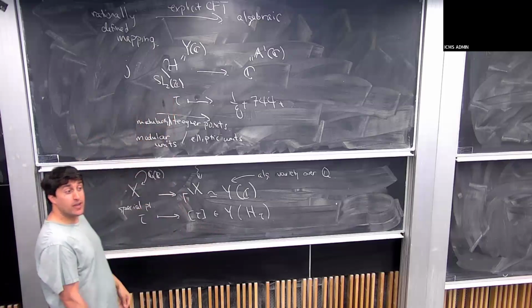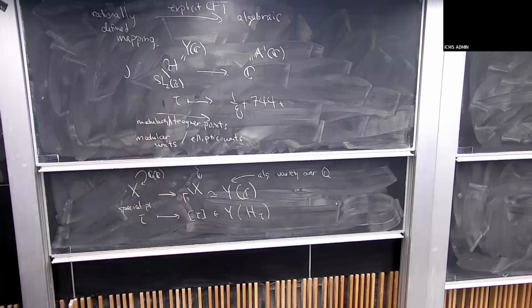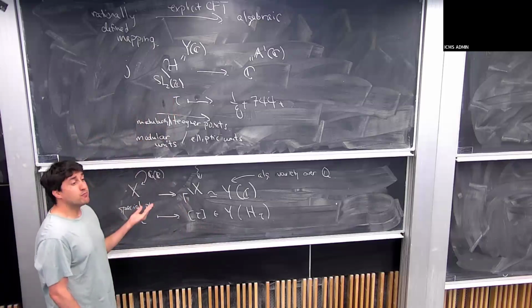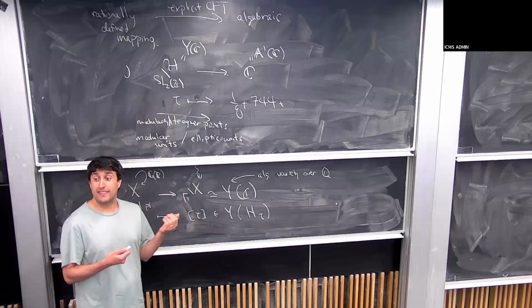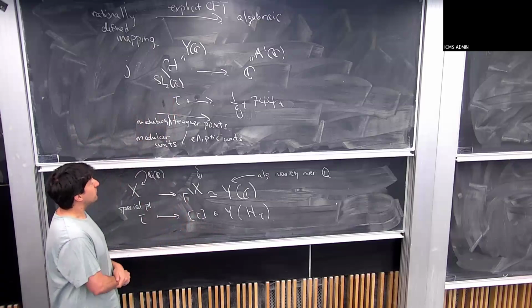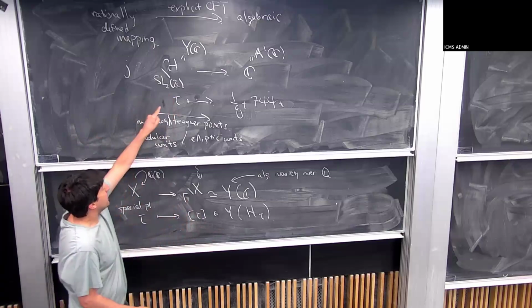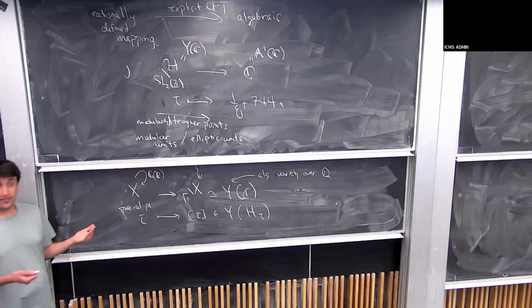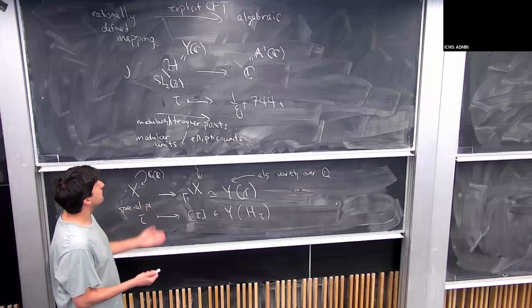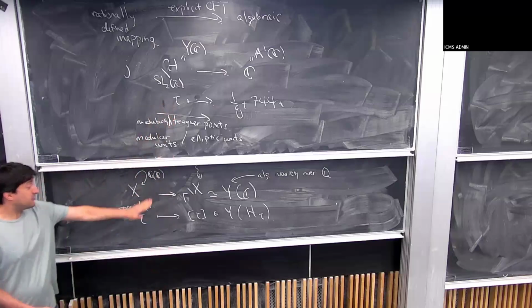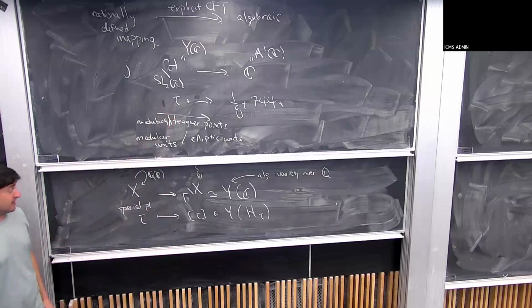So a CM point, you can characterize it as a point which is fixed by the real points of a maximal torus T in the group SL2 over Q, which is rationally defined. Okay, so if you have a point that has imaginary quadratic coordinates, there's a certain torus inside the group SL2 over Q, whose real points fix that point tau. And that perspective generalizes to the context of Shimura varieties.